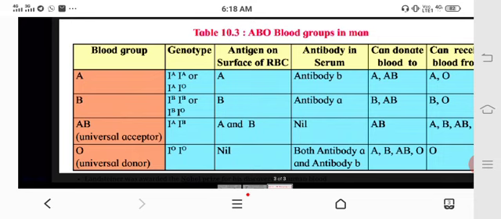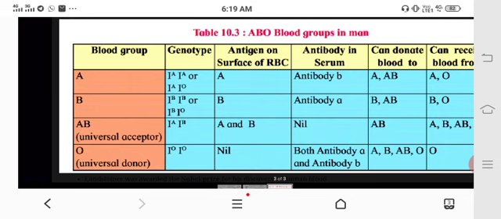And the last blood group is blood group O. In the persons of this blood group O, both the antigens A and B are absent on the surface of RBCs, but both the antibody A and antibody B are present in the plasma.